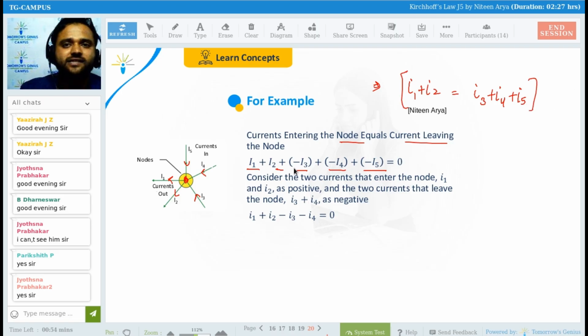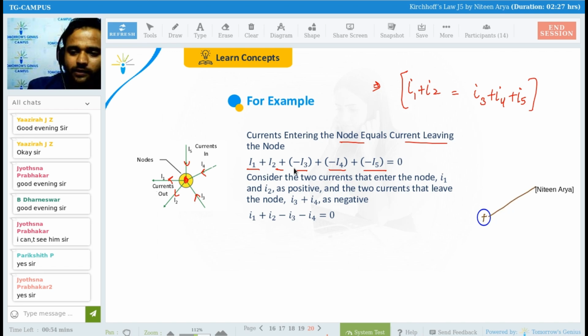In the same sense, in electrostatics, the electric field entering a surface or any particular symmetry is taken as negative, and exiting is taken as positive. Like if we have a positive charge, from the positive charge the electric field goes outward.